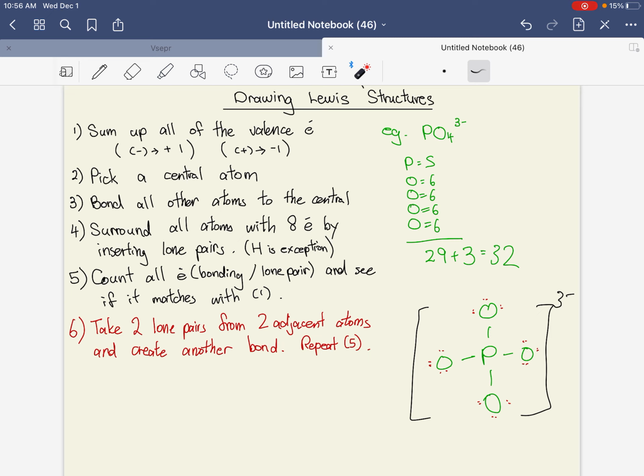You don't want that. That creates instability. Okay? So in the next lesson, we're going to be talking about formal charge. And we're going to take a look at what we can do to improve this. And what is formal charge?